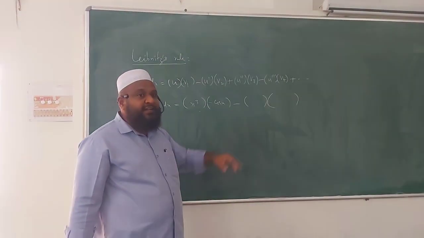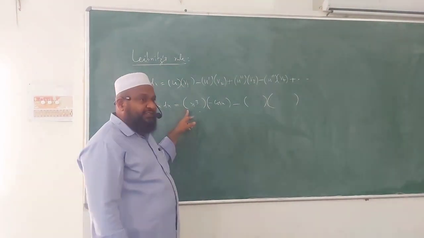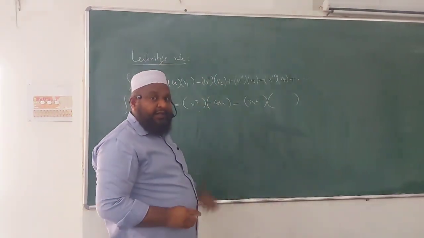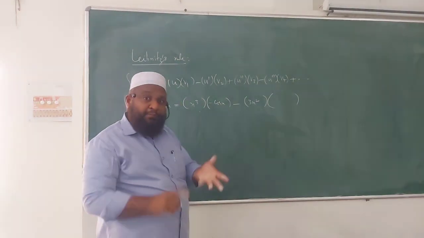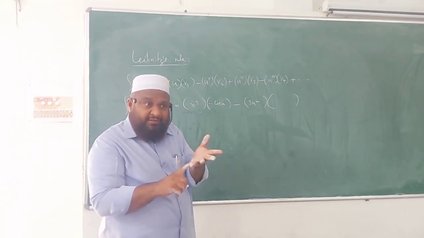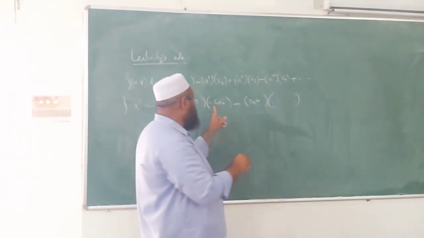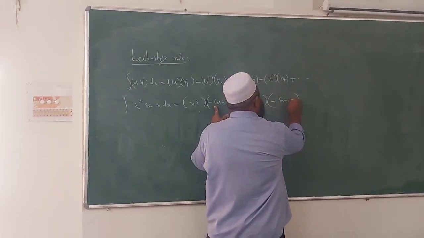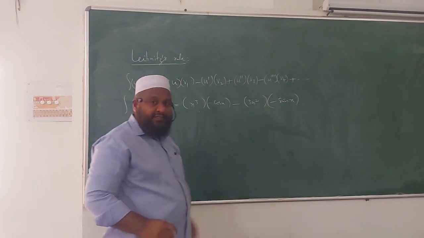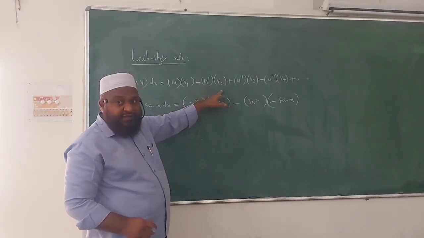So what should I write now? Derivative of this one, that is 3x square. Here, integral for this one, minus is there and cos x integral is sin x. So minus is as it is, integral of cos x is sin x. We are up to here.